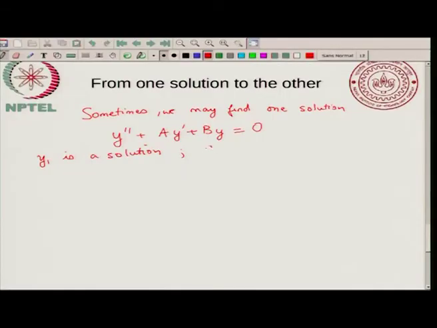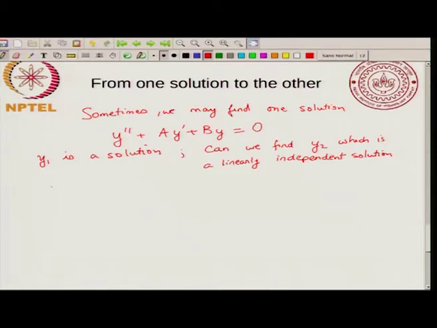Now the question is, can we find y2 which is a linearly independent solution? You have one solution and you want to find the second linearly independent solution, so that you can write a general solution as a linear combination of these two solutions. And the answer is yes, you can find it. The method is called variation of parameters.